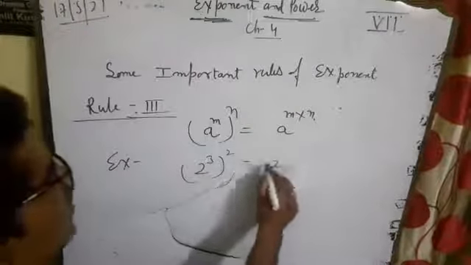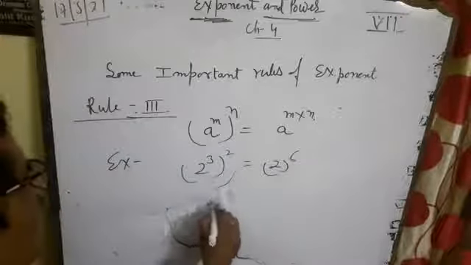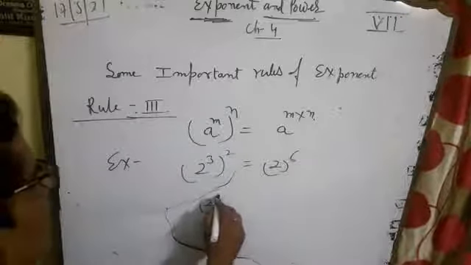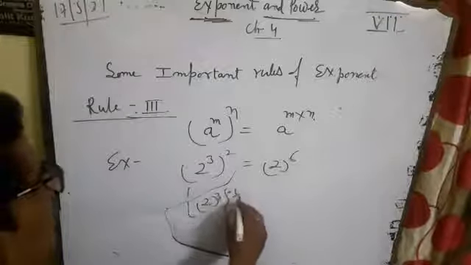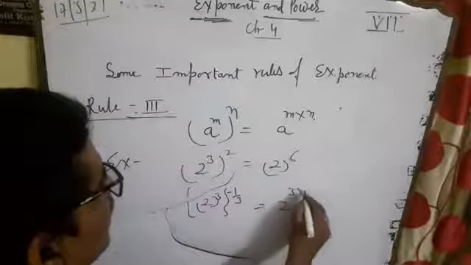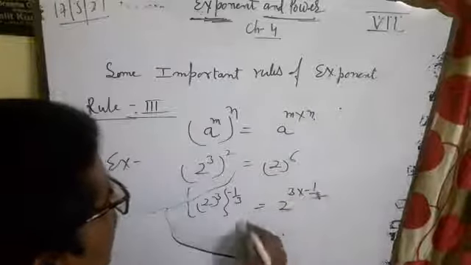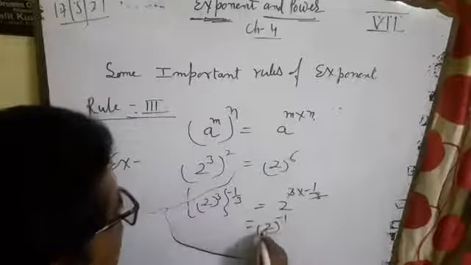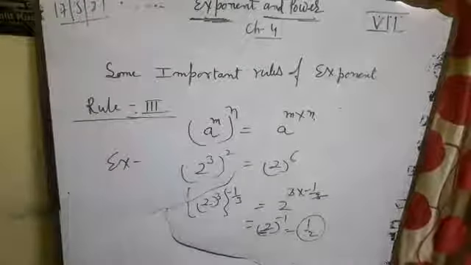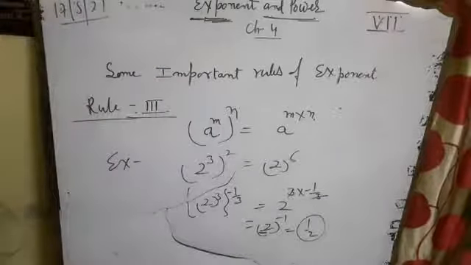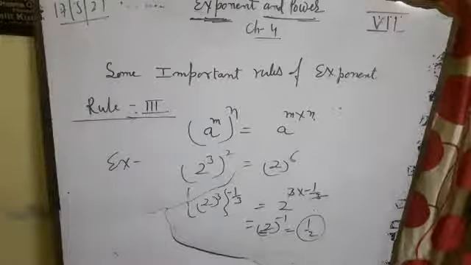This is 2 to the power 6. 2 to the power 3 whole to the power minus 1 upon 3. So 2 to the power 3 into minus 1 upon 3 will get 2 to the power minus 1. Reciprocal, 1 upon 2. This is rule number 3.